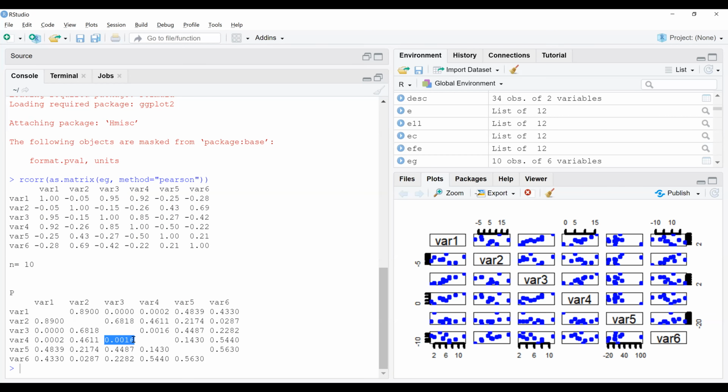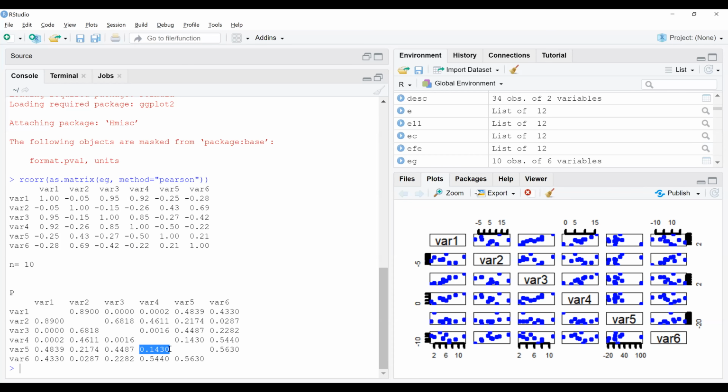So that is significant. The next one is negative 0.42. The p-value is 23%. So that is not significant. So 2 of them are not significant so far. Then you go to the last one, which is negative 0.5. And when you look at that, its p-value is 14%. So that is not significant.